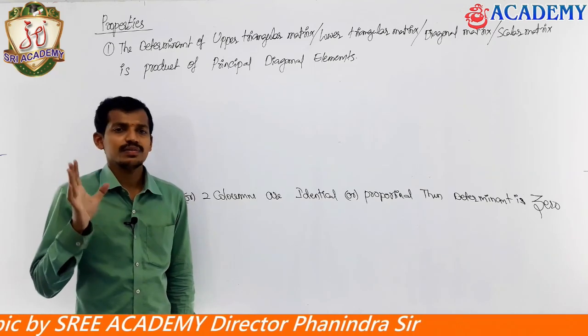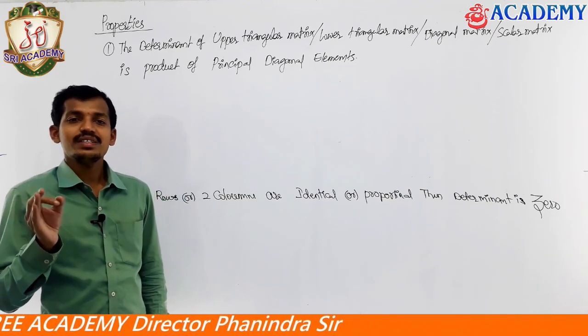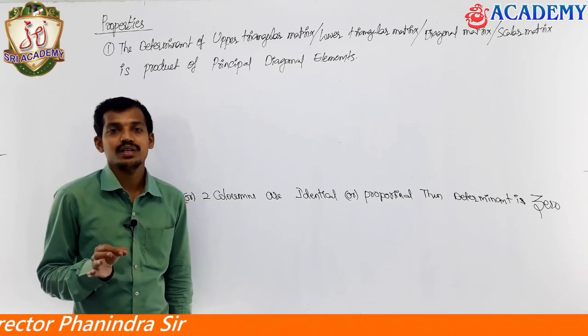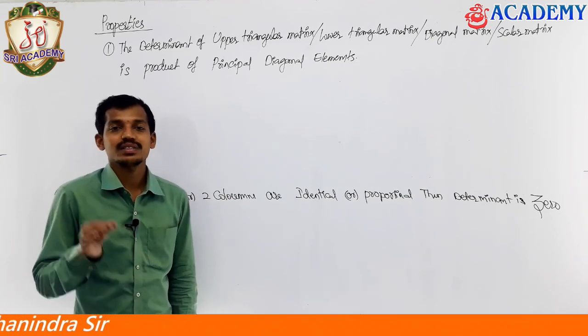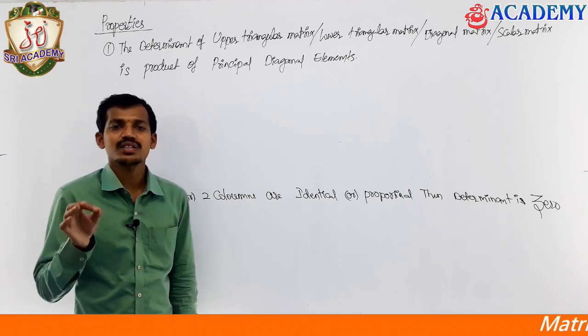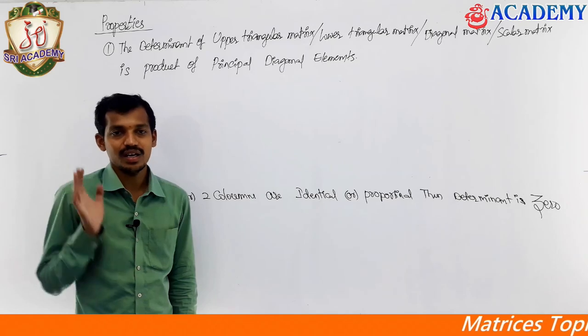First one: the determinant of an upper triangular matrix, lower triangular matrix, diagonal matrix, or scalar matrix is always simply the product of the principal diagonal elements.